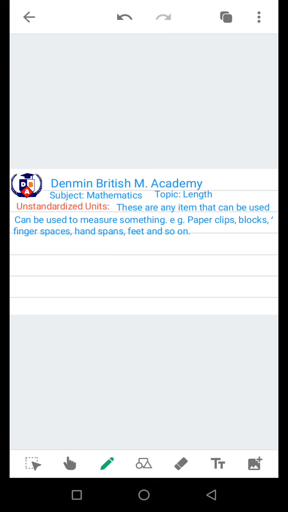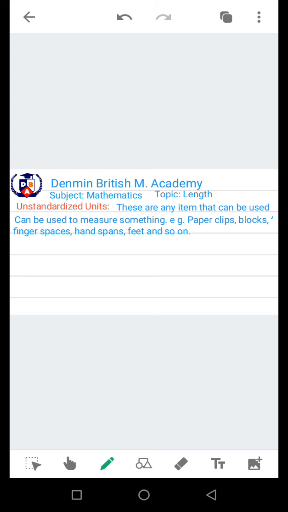Now, examples of these items are paper clips. You can use paper clips to measure something. For example, you want to use paper clips to measure the length of a pen.